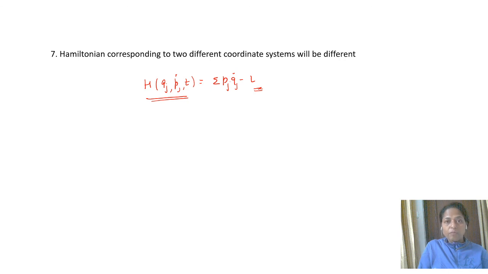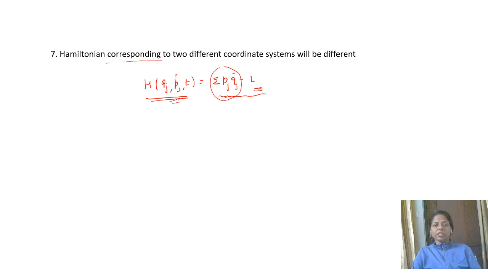It is defined with the help of the Legendre transformation, and the Legendre transformation involves the coordinates also. In this expression, you are involving the contribution of the coordinates also. So whenever your space is changed, your Hamiltonian will be changed, and the Hamiltonian in the two spaces will be different. So the Hamiltonian corresponding to two different coordinate systems will be different, but it is not true for the Lagrangian.